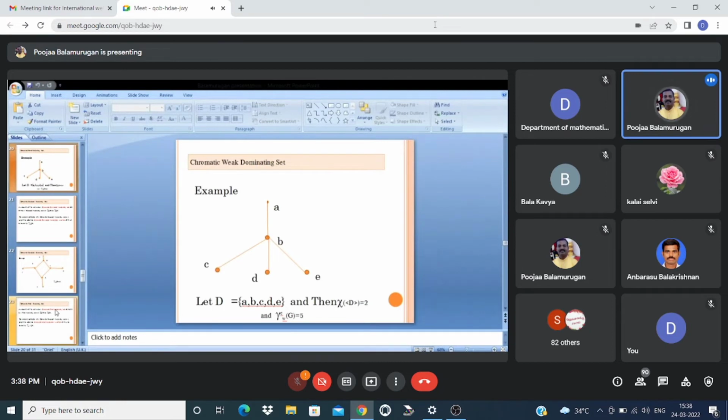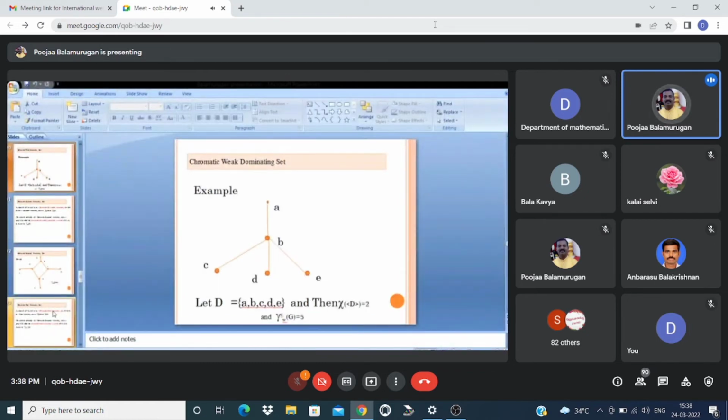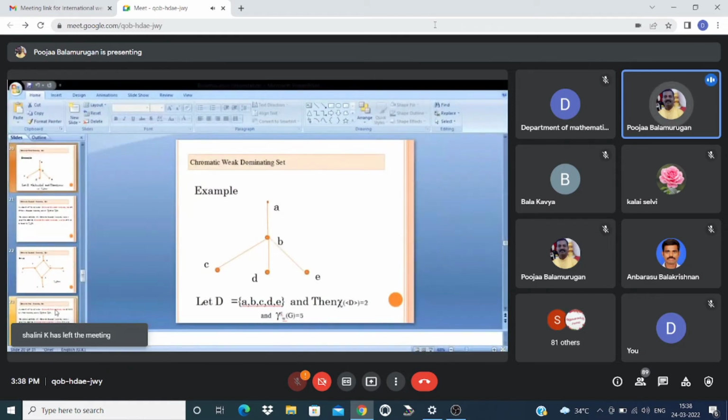And another one, the DOM balanced graph. We can find a DOM chromatic balanced graph. The domination balanced graph already exists.